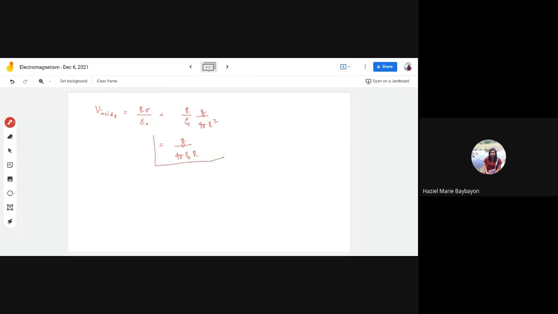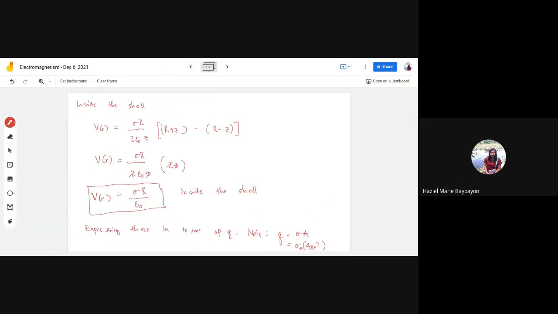So this is familiar. And for V outside, we have r squared sigma over epsilon naught z. We can rewrite this as r squared times sigma, and take note that sigma is equal to q over 4 pi r squared.